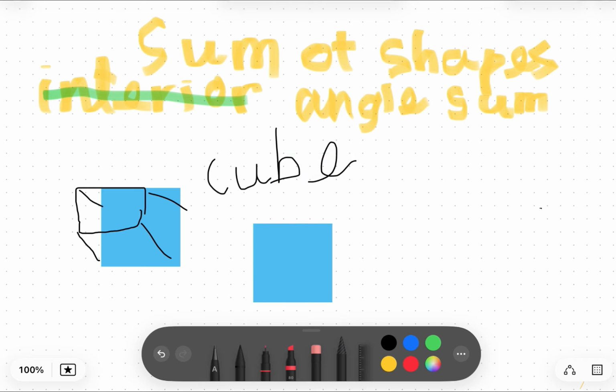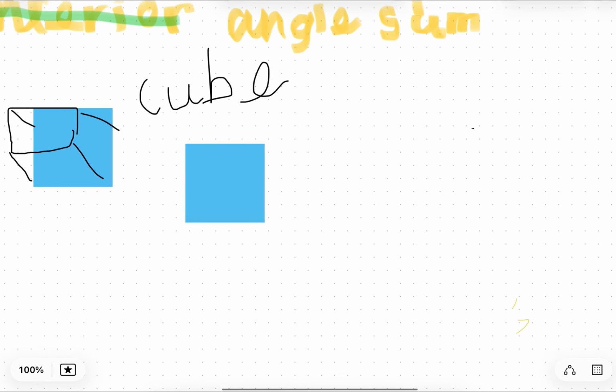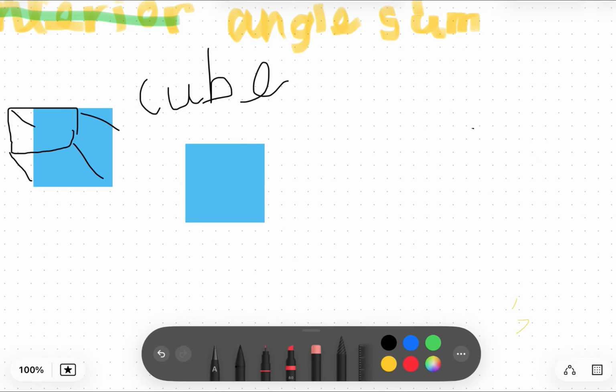First you've got to calculate the angular sum of one shape. Now we've got to remember the formula, parentheses, don't forget that, 180. Here we can clearly see that we have 2 triangles, 1 and 2.